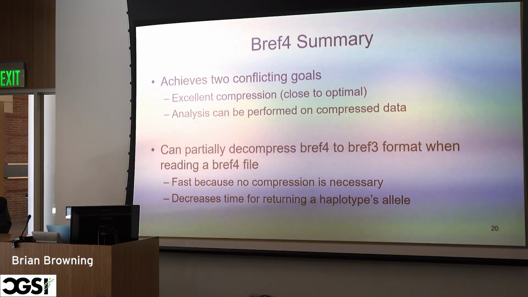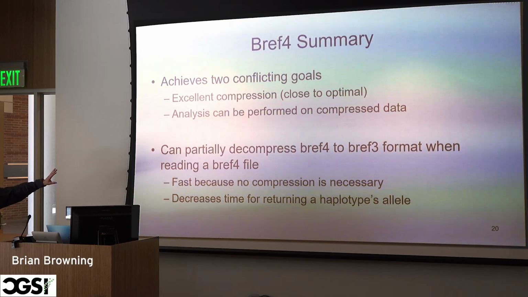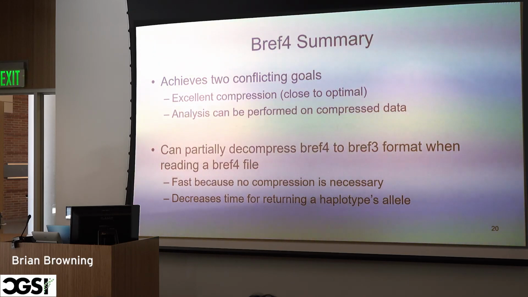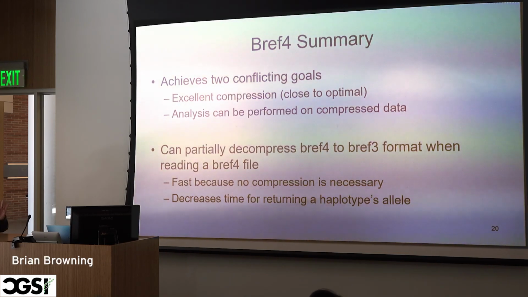In an unusual case where you only need to look up a few alleles here or there, you can just work with things directly in Bref format. But if you actually want to do analysis on it, some kind of haplotype-based analysis, maybe local ancestry inference or IBD segment detection, it's not really practical.